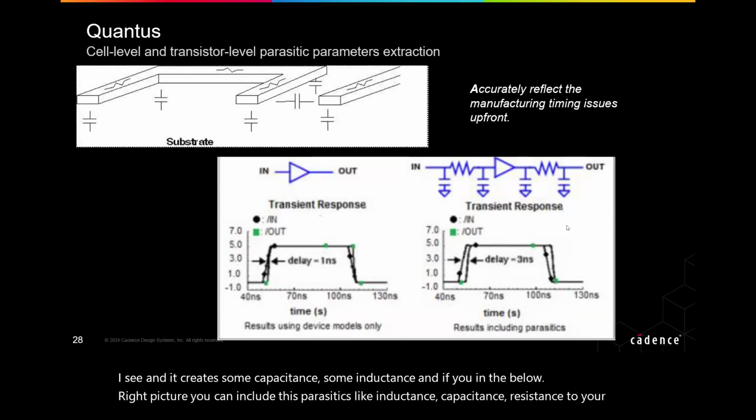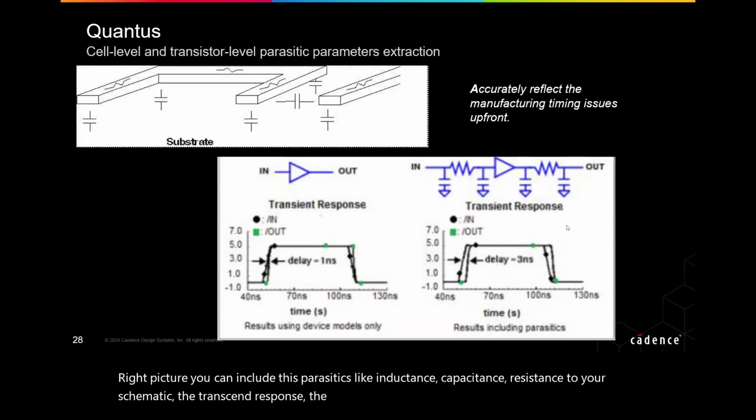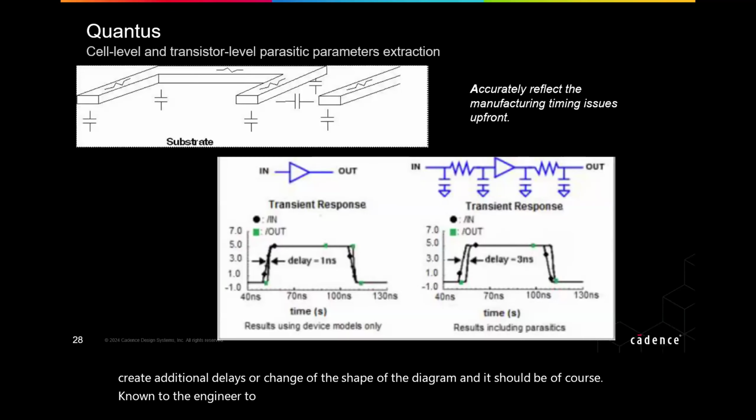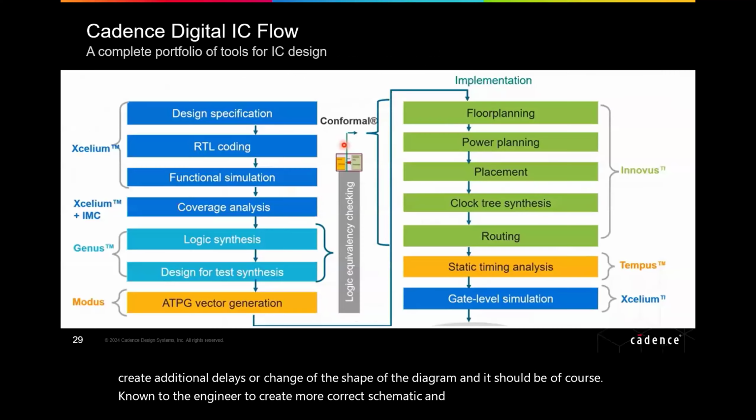The transient response, the diagram of the signal, will be very much different. It can create additional delays or change the shape of the diagram, and it should, of course, be known to the engineer to create a more correct schematic and a more correct IC project.